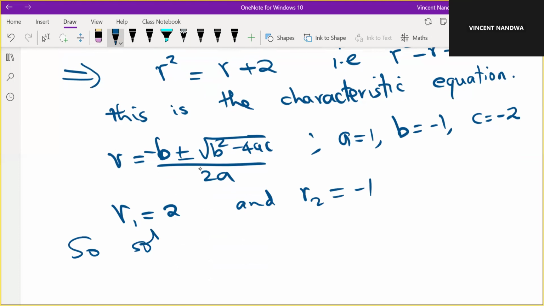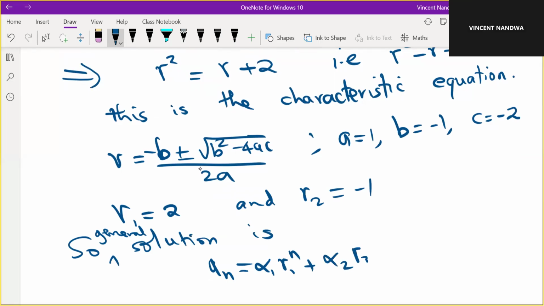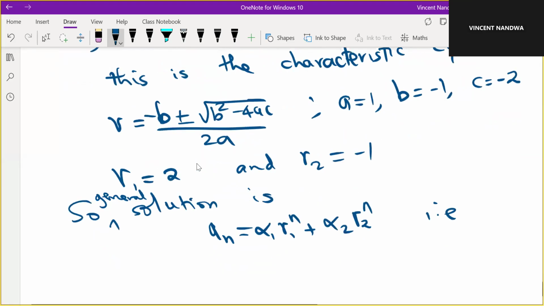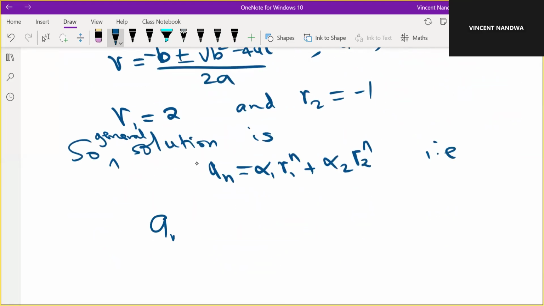So the solution, which I can call the general solution, is a_n equals alpha 1 R1^n plus alpha 2 R2^n, which is a_n equals alpha 1 2^n plus alpha 2 (-1)^n.